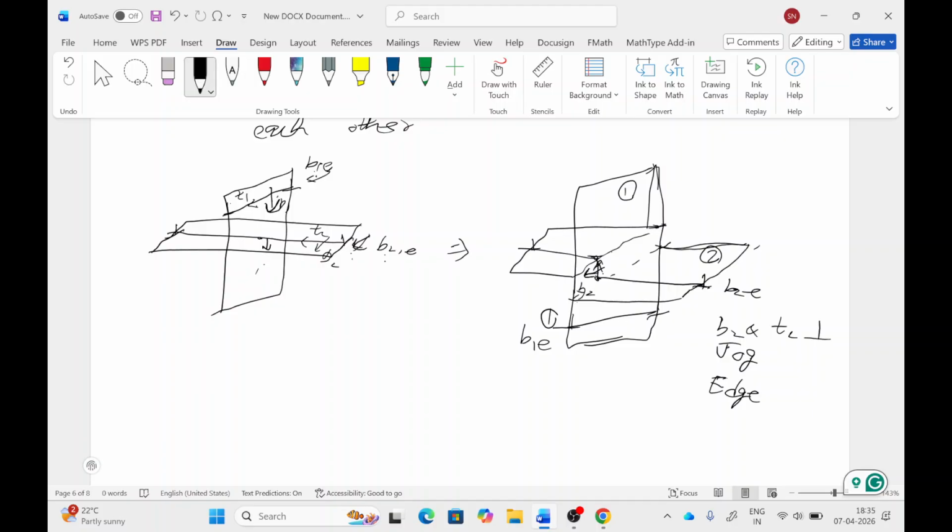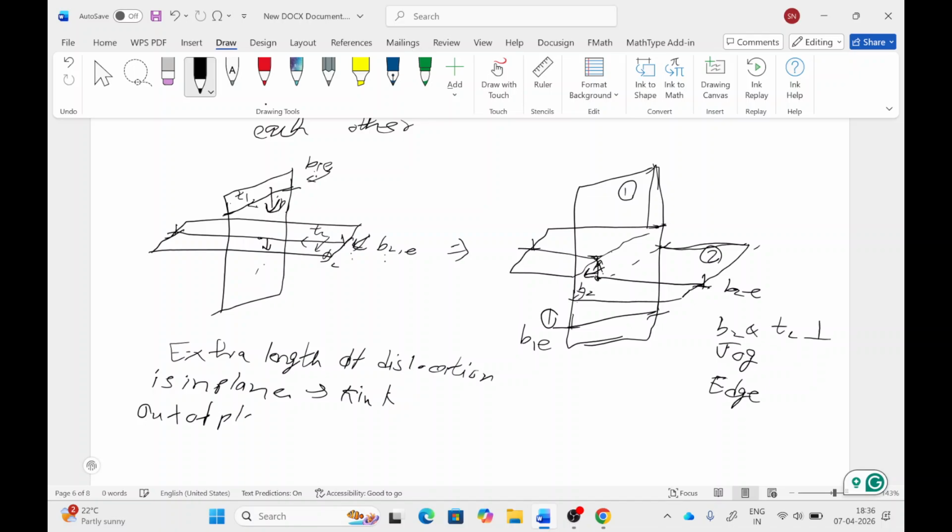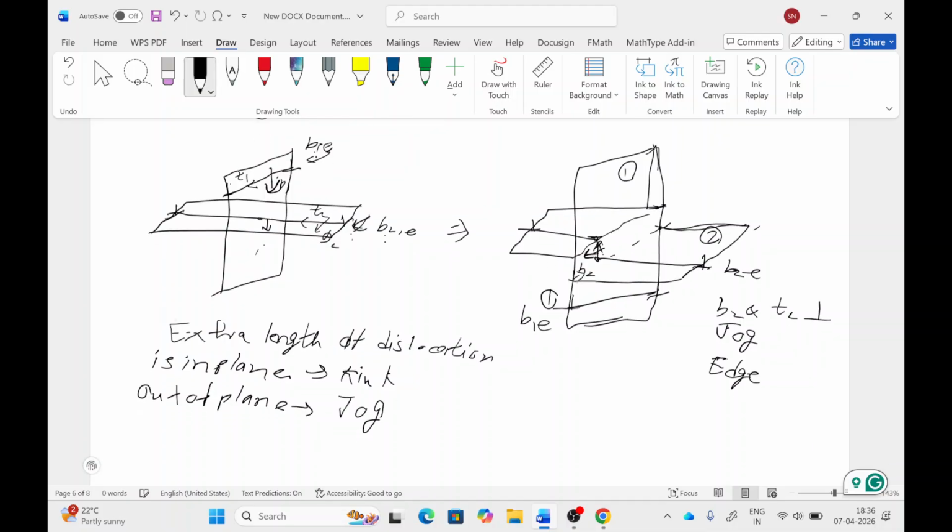One thing I missed: if a dislocation line got extended by some length, and that extra length of dislocation is in plane, then we call it a kink, and if it is out of plane, we call it a jog.